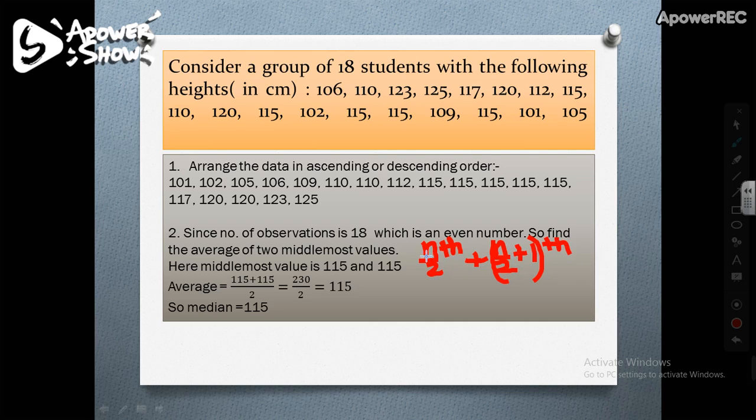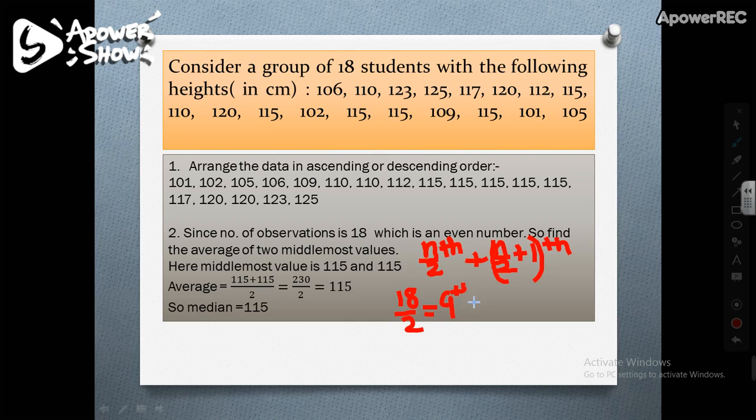So you have to find the n by 2th observation and the n by 2 plus 1th observation. Here the number of observations is 18, so n by 2 is 18 by 2. So 18 by 2 means you have to find the ninth observation.